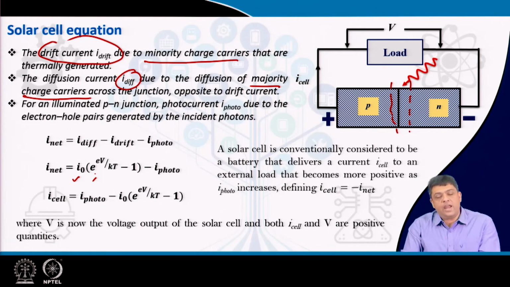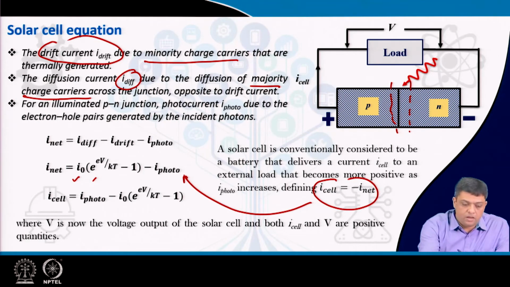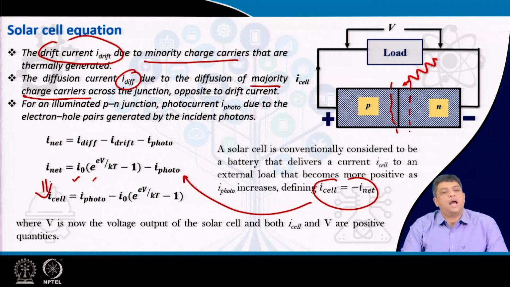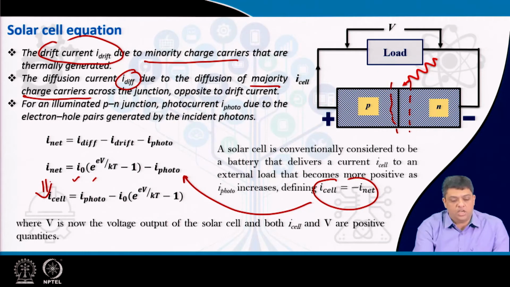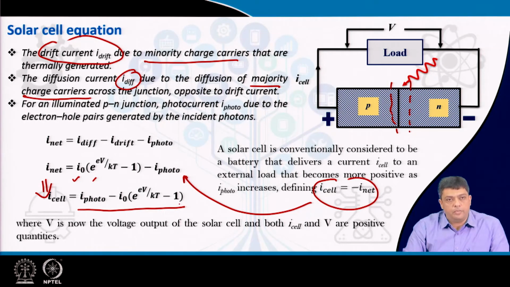Therefore, you can write I cell is equal to minus I net, and if that is the case, I will obtain the I cell value which is equal to I photo minus I 0 multiplied by (e raised to the power of eV by kT minus 1), where V is now the voltage output of the solar cell and I cell and V are both positive.